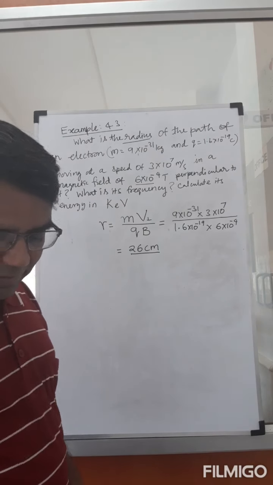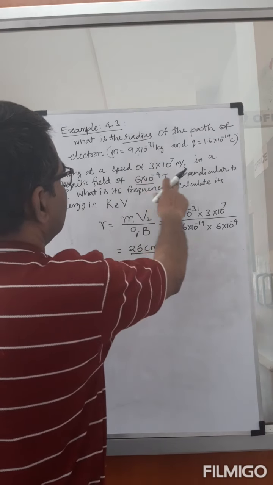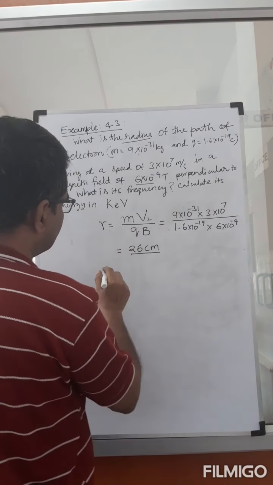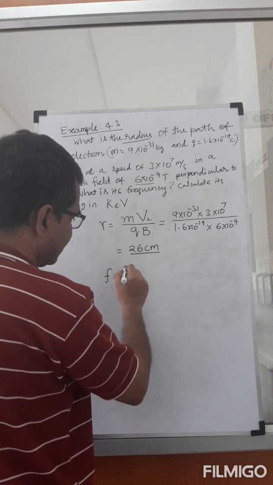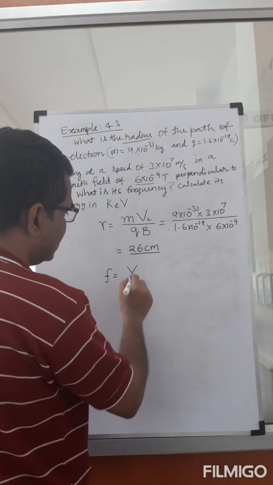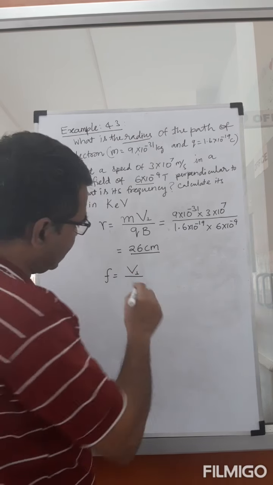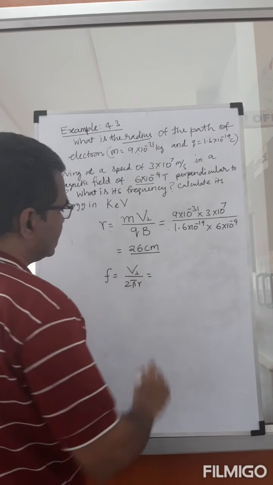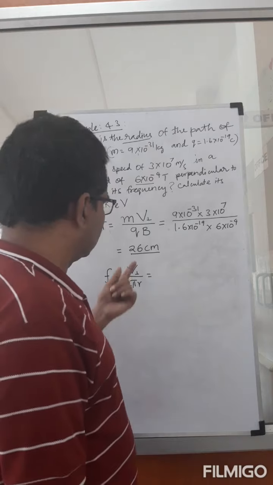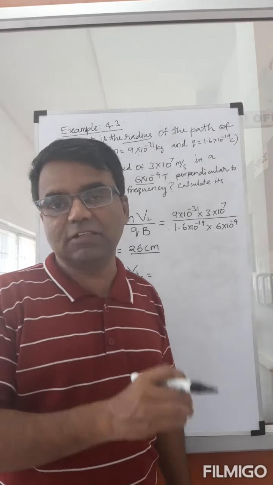So the next part is finding the frequency. What is its frequency? Frequency is given by this equation, v again perpendicular, right? Divided by 2 pi r. There is only one velocity here, that's the perpendicular velocity.